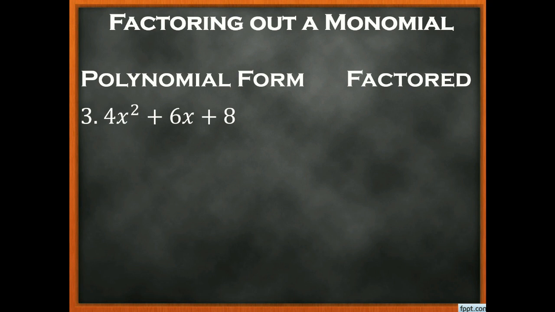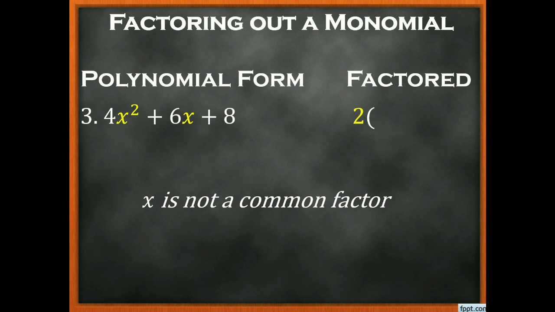Common factors or the GCF of 4, 6, and 8. And that is 2. GCF of the variables. X is not a common factor. Wala tayong variable sa last term, which is 8.